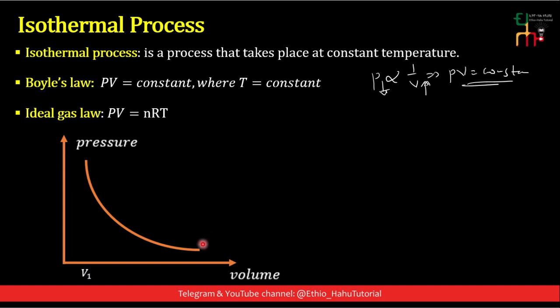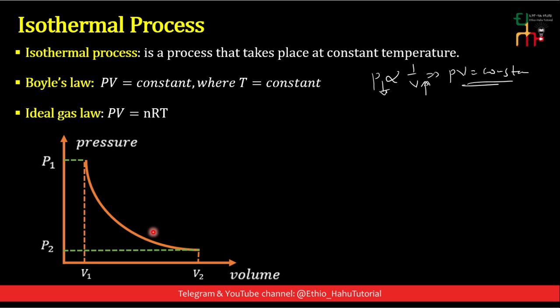When the volume is V1, the pressure is P1, and when the volume is V2, the pressure is P2. Therefore, as the volume increases from V1 to V2, the pressure decreases from P1 to P2. This is the pressure versus volume graph of an isothermal process.